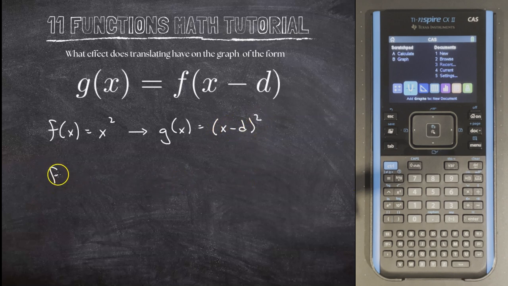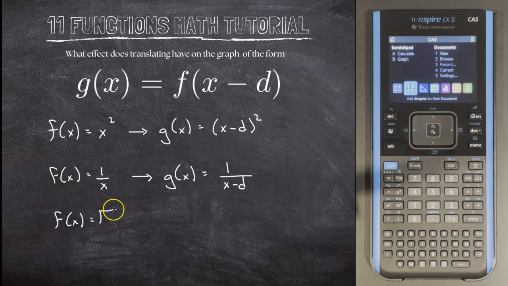Similarly, if we apply this to our inverse function, 1 over x, and we translate this one, g of x, we're going to look at what happens when we have 1 over x minus d here. And finally, we'll also look at our radical function. And when we translate it with d, our new function will look like so.